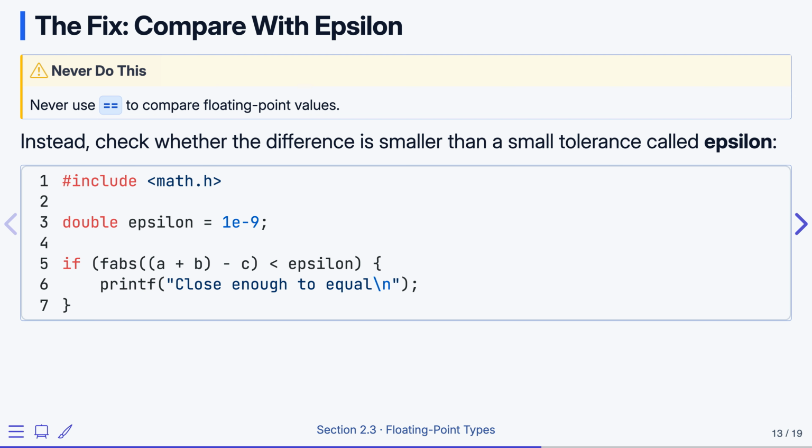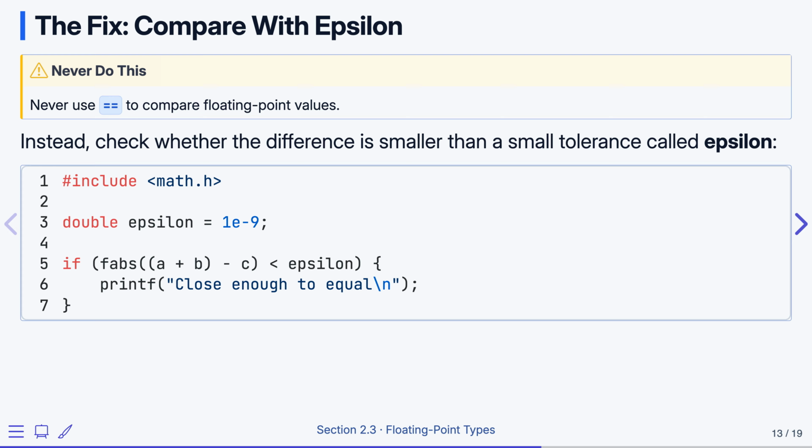So here is the most important lesson about floating point arithmetic. Never use the double equal sign to compare floating point values. Instead, check whether the difference between the two values is smaller than a small tolerance. We call that tolerance epsilon. Here epsilon is 1 times 10 to the minus 9, which is one billionth.